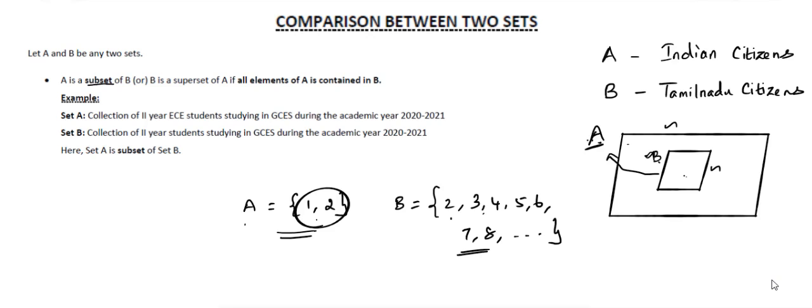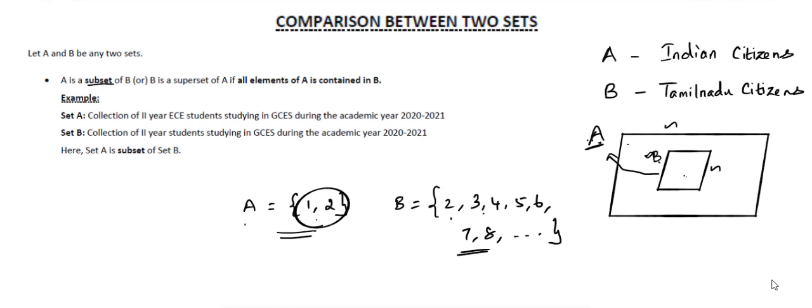One more example I have given here. Suppose you are collecting second year ECE students studying in one particular college, that is GCE Srirangam, during the academic year 2021. This will be one collection.